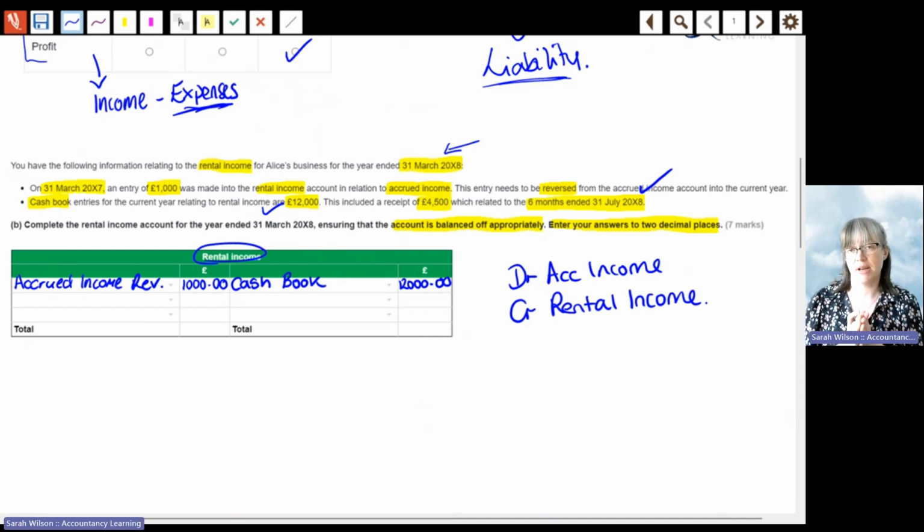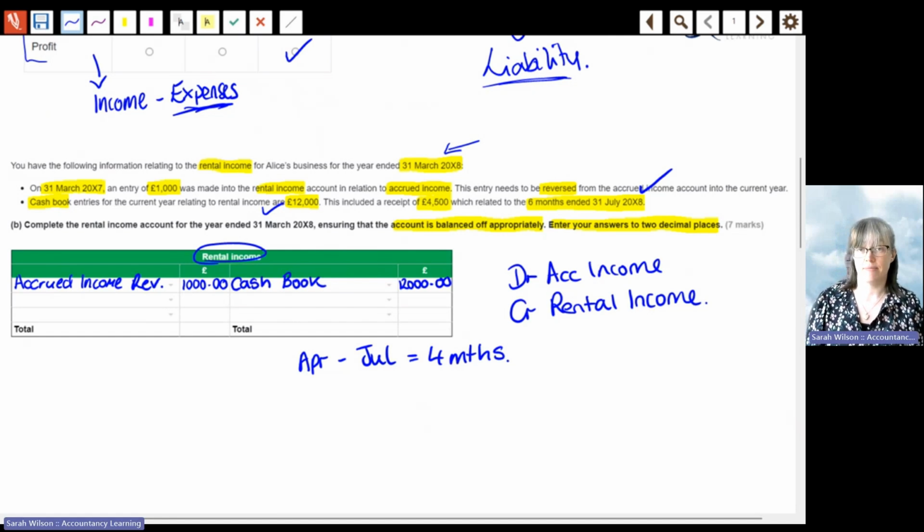So because it's 6 months ending 31st of July, we've then got April to July, which doesn't belong in this year's accounts. So this is 4 months worth that shouldn't be in this year's accounts. So we need to prepay that. So in order to reduce our income by that amount, we need to put it on the debit side.